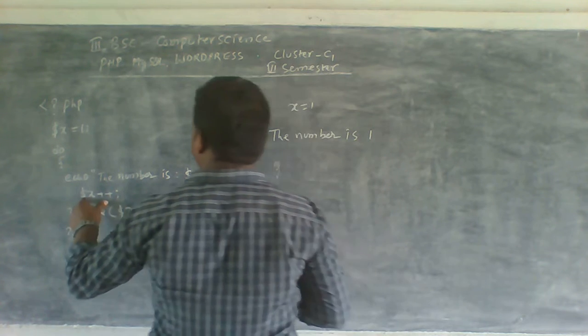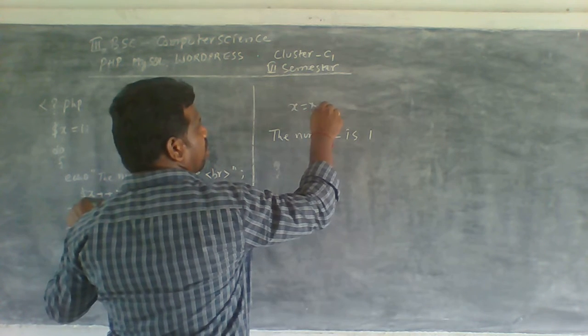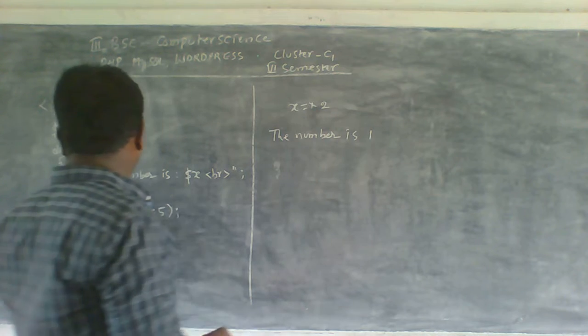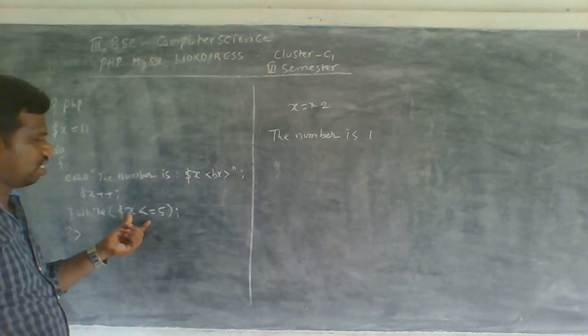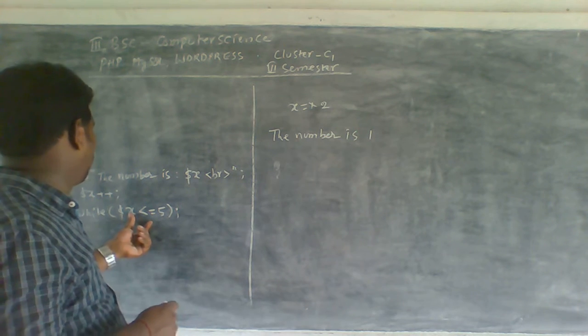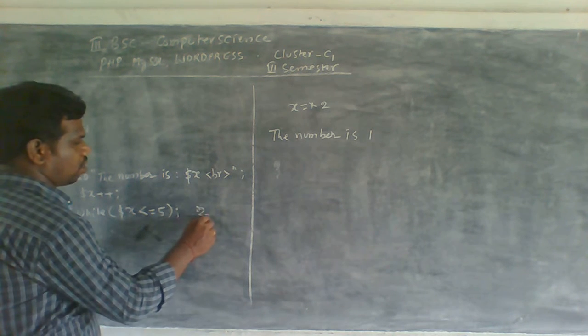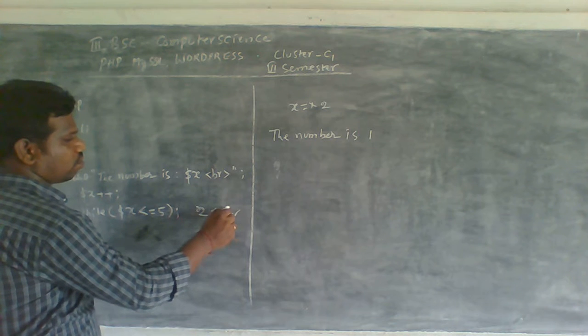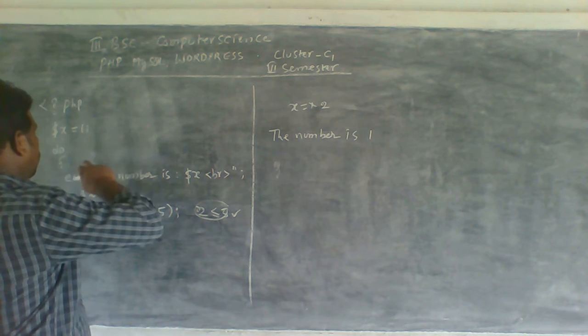Next it increments the x value, so x equals 2 here. Then we check the condition, x less than or equal to 5. 2 less than or equal to 5, the condition is true. Then again it goes back here.